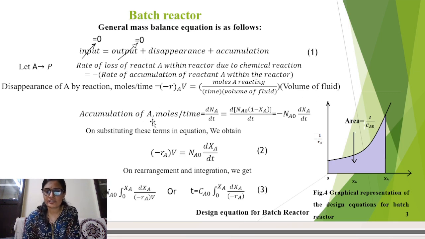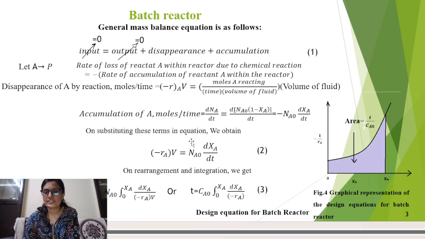Now the accumulation of A, again in terms of molar flow rate, can be written in moles per time, which equals dNA over dt. Here NA is the moles of A, which can be written as NA0 times (1 minus XA). On differentiating this, NA0 is a constant term, so its derivative is 0. Now we have minus NA0 dXA over dt.